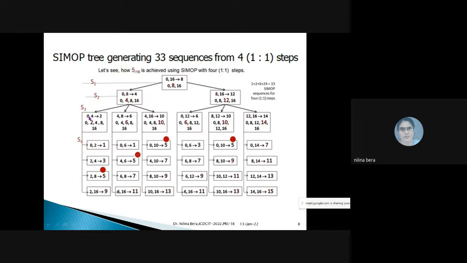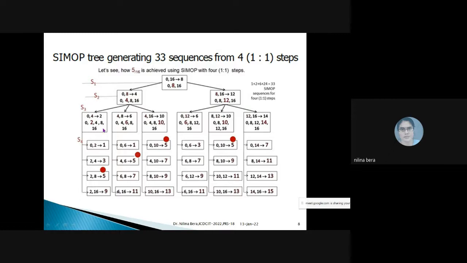First buffer with the newly created C intermediate 4, then in between another node I am getting 4, the newly created C intermediate, with the existing 8. And then the last node, I am getting 4 with the sample 16. So I am getting 2, 6 and 10, 3 new C intermediates. The same way on the right hand side I am getting 6, 10 and 14.